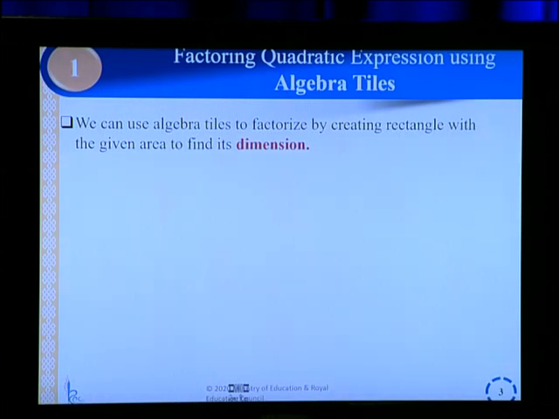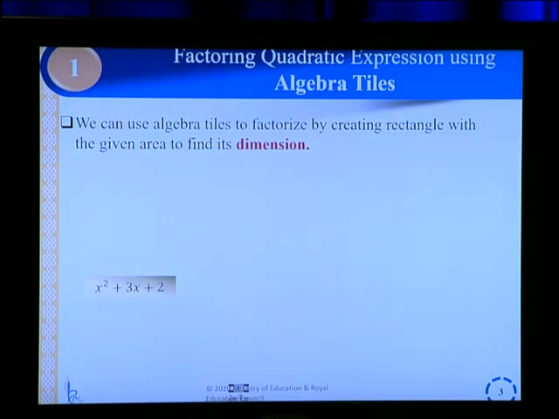What we can do is, we can represent our algebraic equation using the algebra tiles, and after that we can make a rectangle using those tiles. The dimensions of the rectangle will give us the factors. Let us see one example.